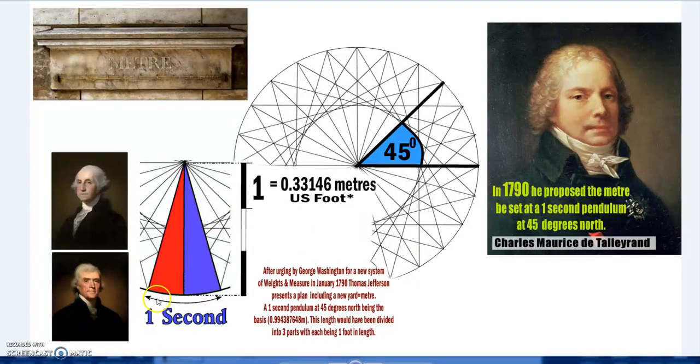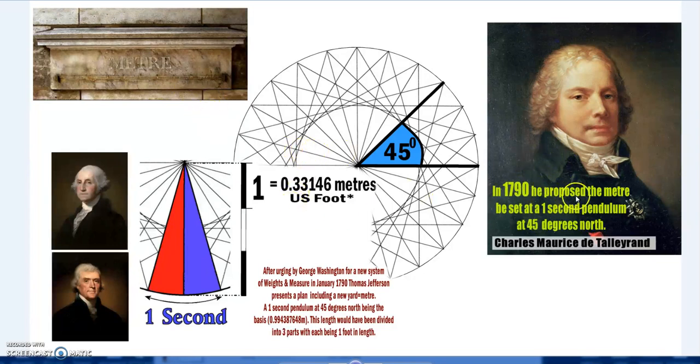This same meter defined by a pendulum of exactly 1 second at 45 degrees was, in France, basically the universal measure. That's what meter means: measure, as in geometry, earth measure.